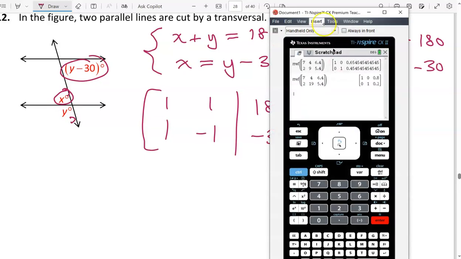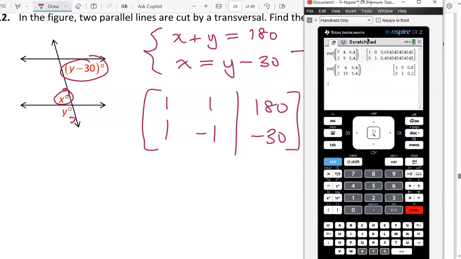And now we can let the calculator put that in reduced row echelon form for us. So RREF, open parentheses, and let's enter a 2 by 3 matrix. 1, 1, 180 across the top, 1, negative 1, negative 30 across the bottom.